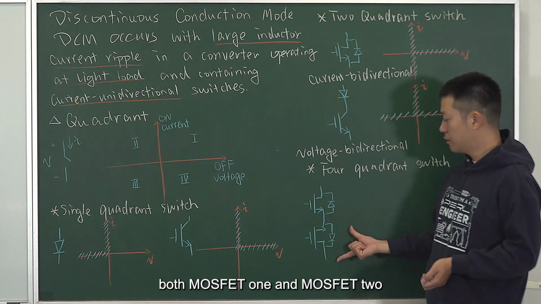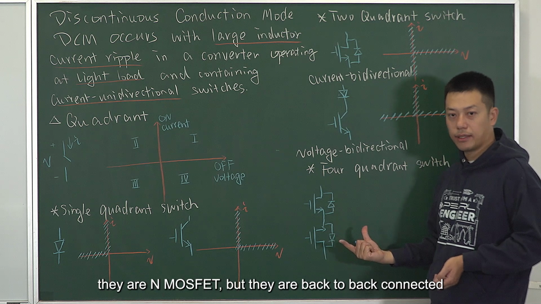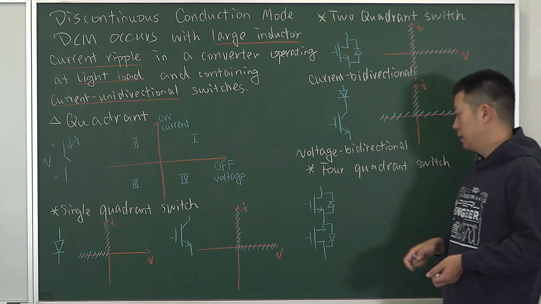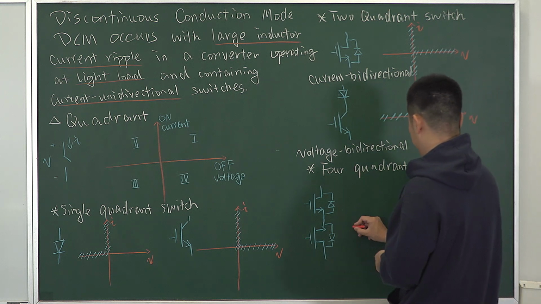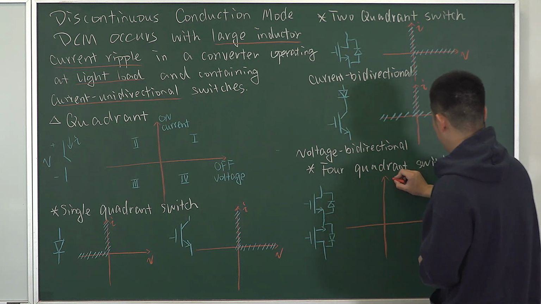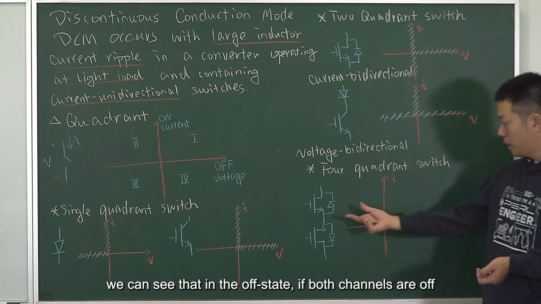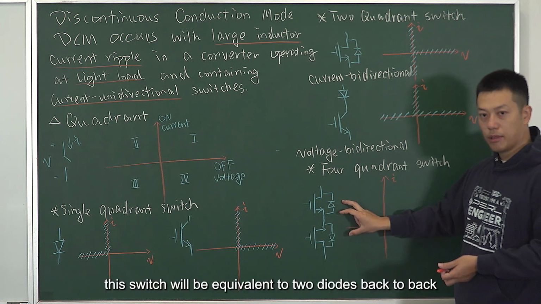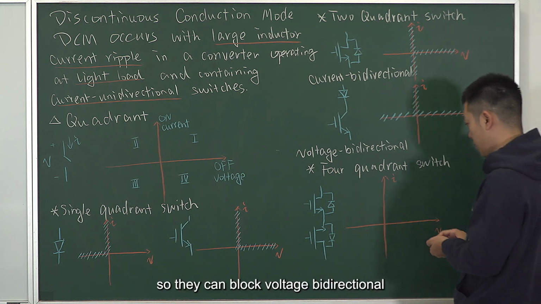Both are NMOS, but they are connected back-to-back, so their body diodes are also back-to-back. If we plot the IV feature, we can see that in the off state, if both channels are off, this switch will be equivalent to 2 diodes back-to-back, so they can block voltage bidirectionally.